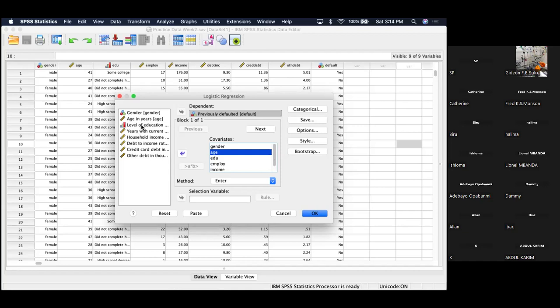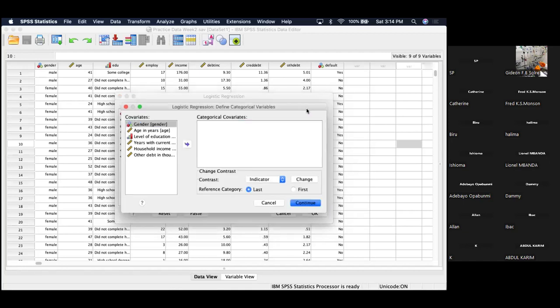Education is categorical. So when you have a categorical independent variable, it means that you have to click on this Categorical box. Then you move it to the categorical covariates. But if you don't have any, you're good to go. But because we have one categorical covariate here, level of education, which was measured using an ordinal scale, you move it in here.